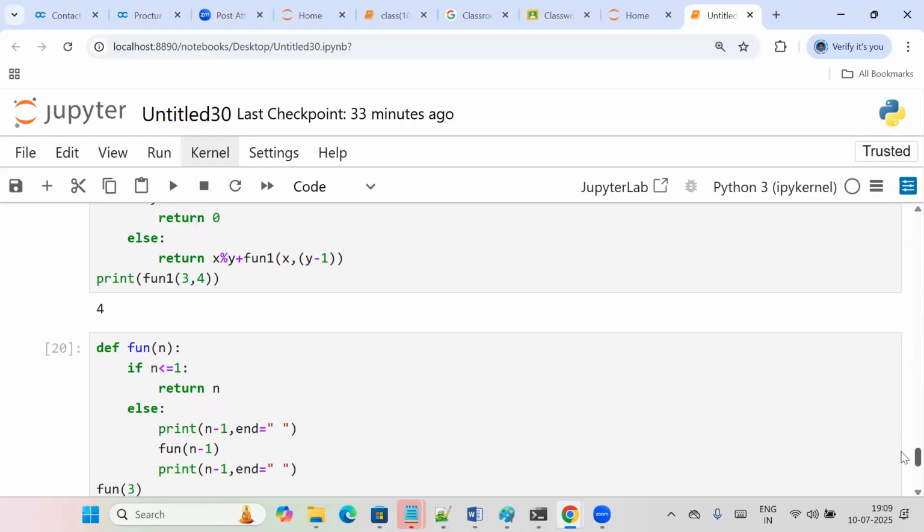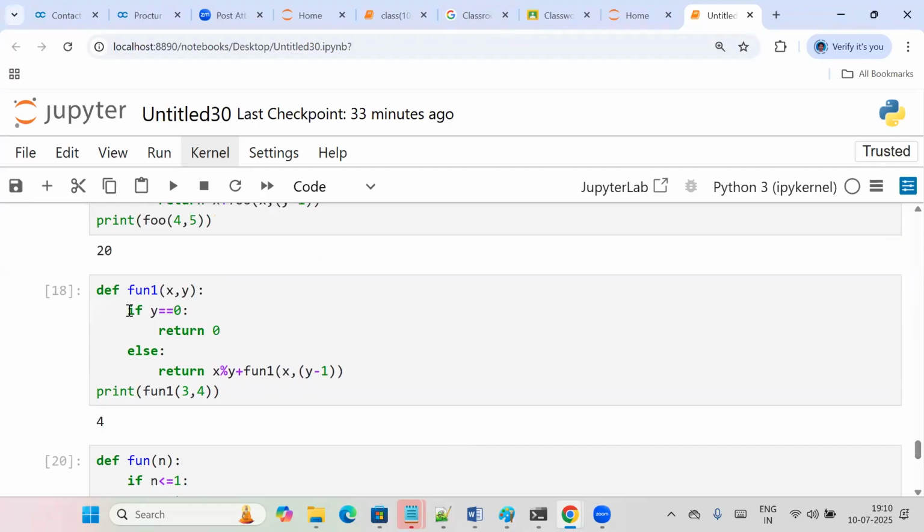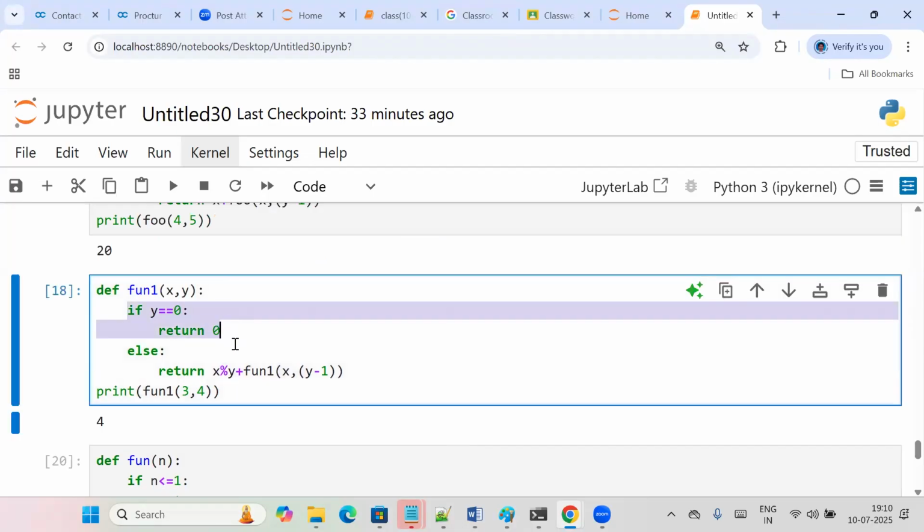So why are you doing 3 mod 0? You don't need to calculate it, because here is the anchor step, y equals 0. You don't need to go to x mod y.